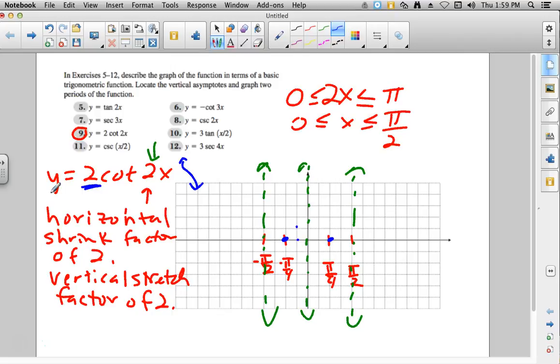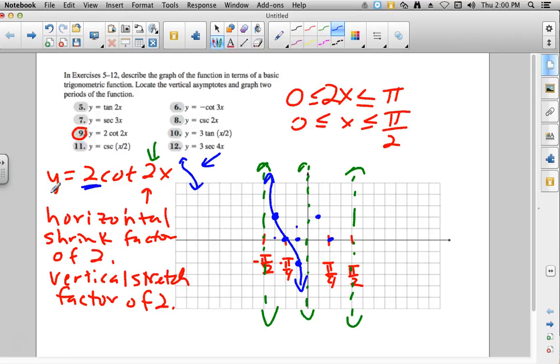But this is cotangent. So with cotangent and thinking about this behavior, what we're going to have to do is go to the left one and up 2, and then to the right one and down 2, all because this is cotangent that needs to be decreasing, and it needs to have a vertical stretch factor of 2.